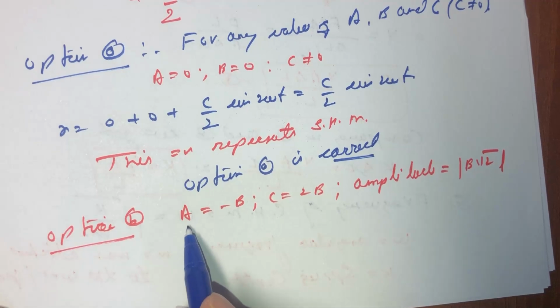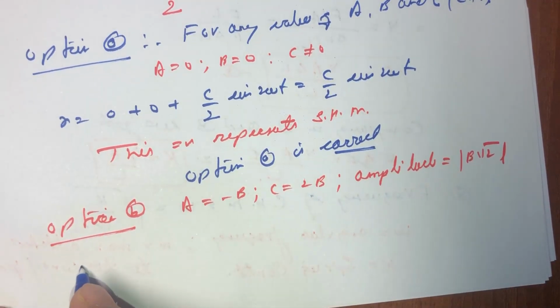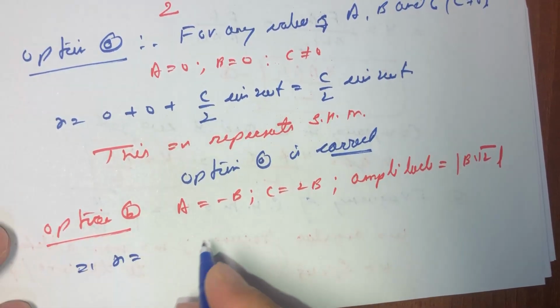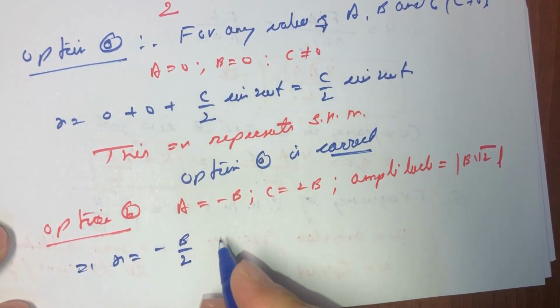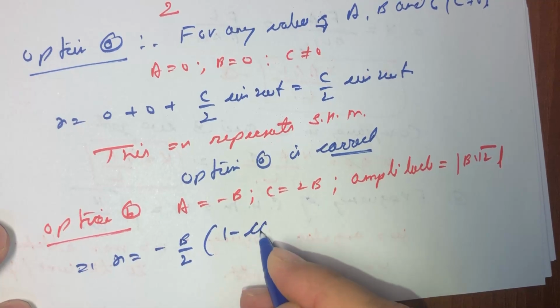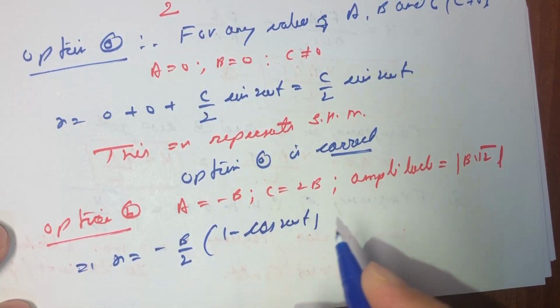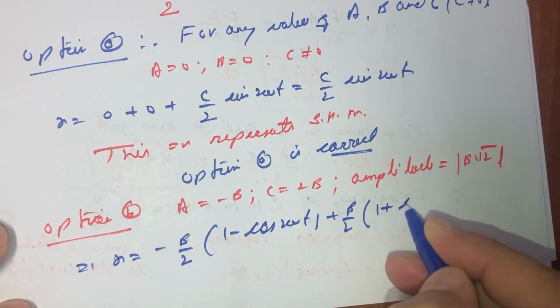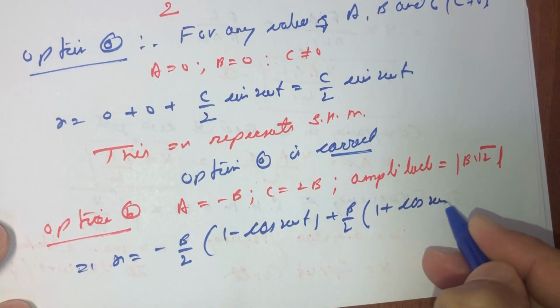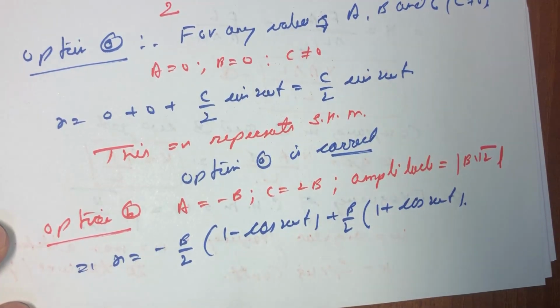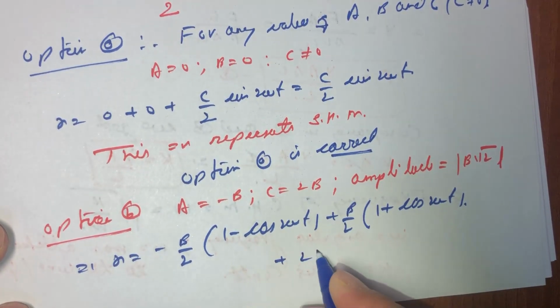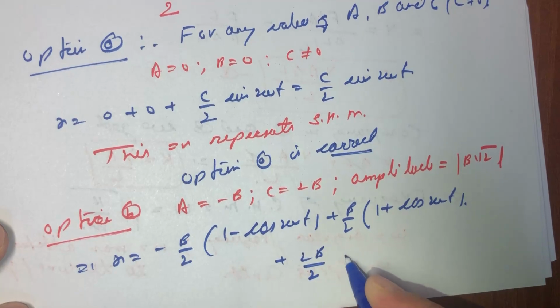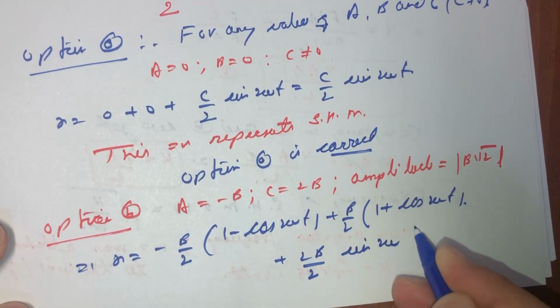We are given that a is equal to minus b, so we get that x is equal to minus b by 2, 1 minus cos 2 omega t, plus b by 2, 1 plus cos 2 omega t, and c is said to be equal to 2b. So we get this as 2b divided by 2, and here we have sine 2 omega t.